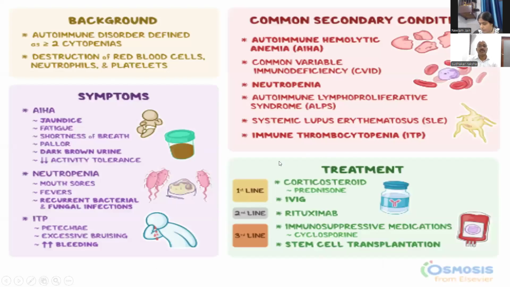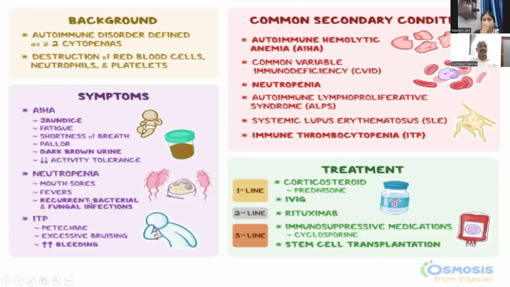Just a revision of what has been covered till now. In Evans syndrome, there is a bicytopenia: anemia and thrombocytopenia, a decrease in the RBC count and platelet count, and sometimes also a decrease in the neutrophil count, so sometimes there is pancytopenia. Anemia leads to shortness of breath, fatigue, pallor.